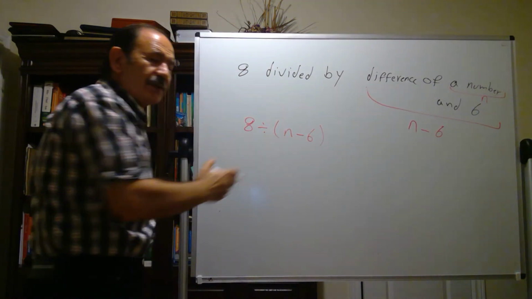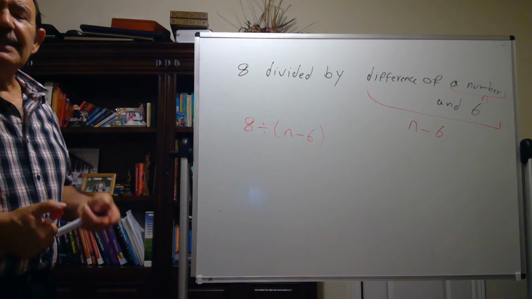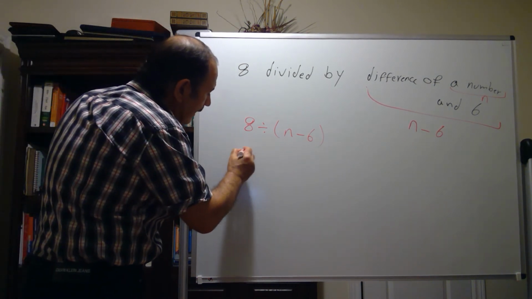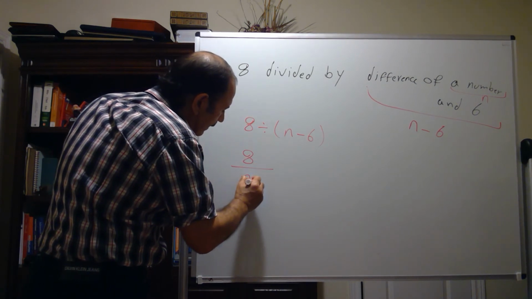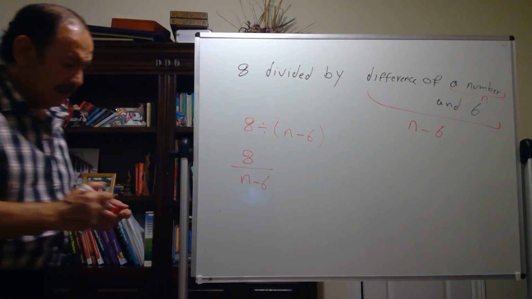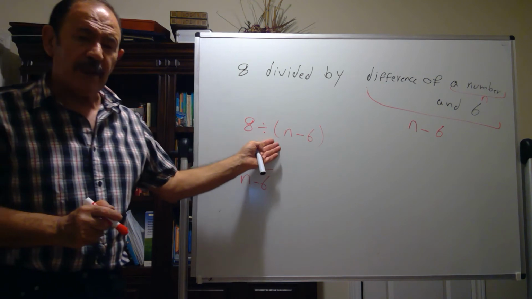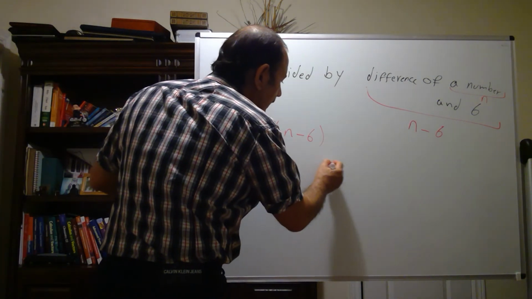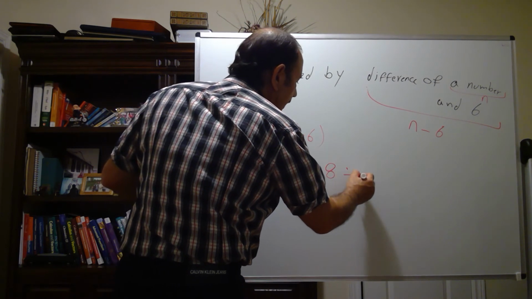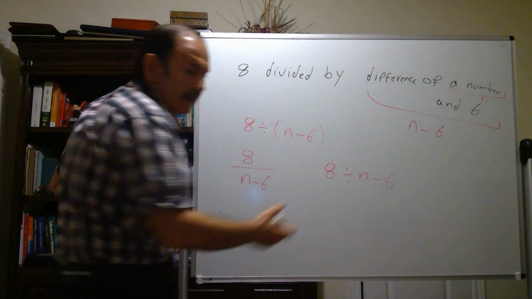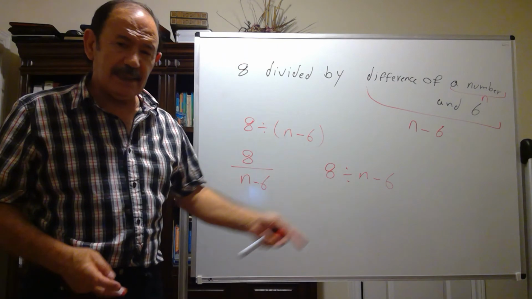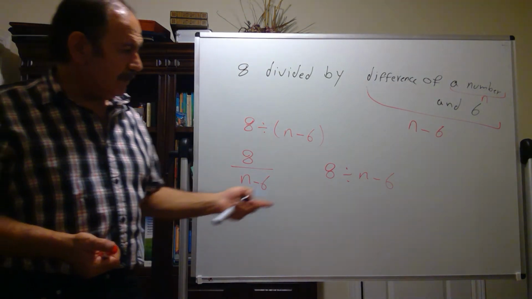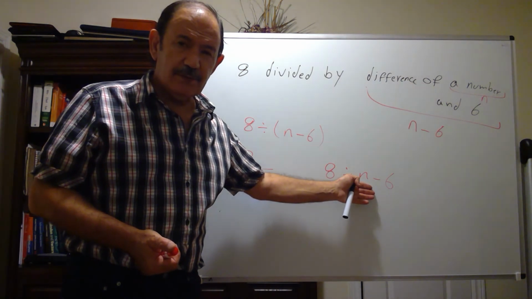Pay attention that we should put n minus 6 inside the bracket. I can write in this format, or I can say 8 divided by n minus 6. Both of them are right. But if I don't put it inside the bracket, if I write 8 divided by n minus 6 without the bracket, pay attention, following the math rules, division has priority over subtraction.